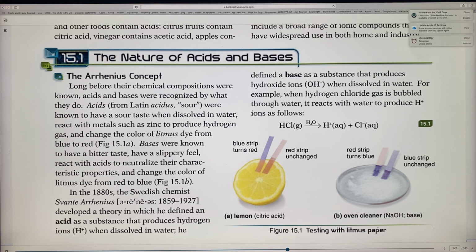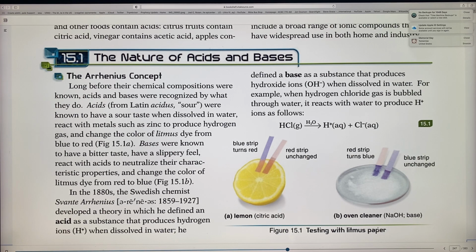And he defined a base as a substance that produces hydroxide ions when dissolved in water. So make sure you remember hydrogen ions have a positive charge. Here's H, hydrogen with a positive ion. And OH, hydroxide, here's hydrogen oxide. Hydroxide has a negative charge, and it is a base. So he said when we have an acid, we're going to have hydrogen ions. When we have a base, we're going to have hydroxide ions.